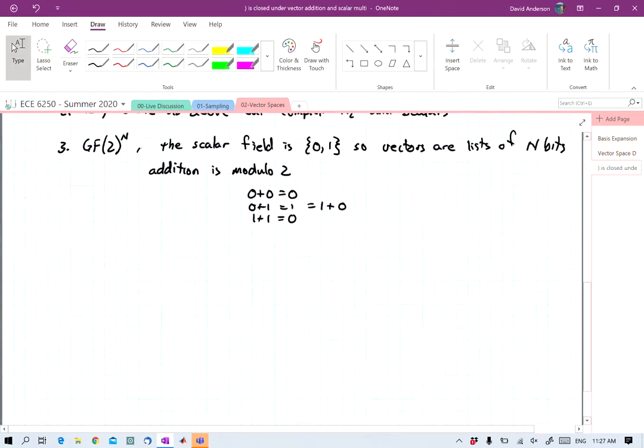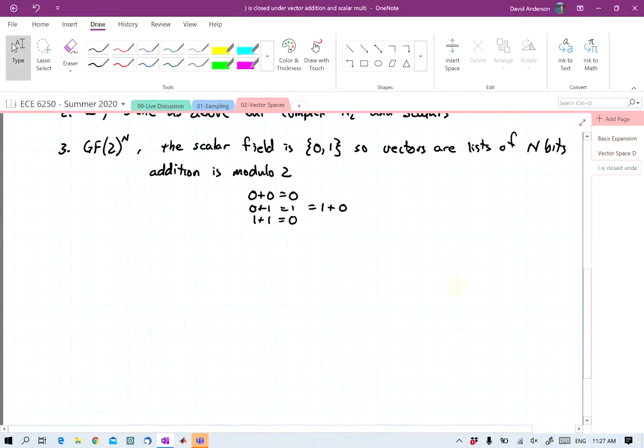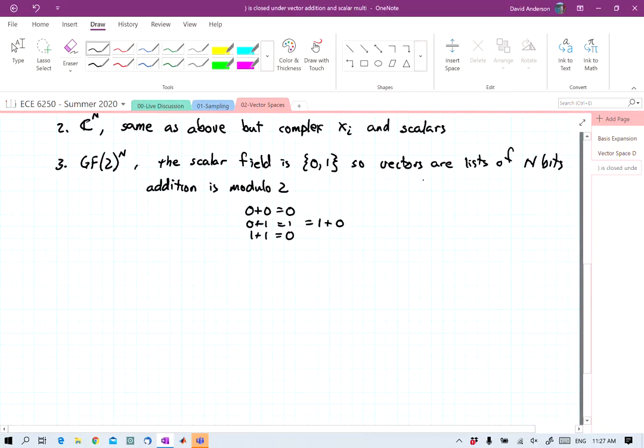So under such a field, in such a space, our vectors are going to be, as defined, a list of binary digits.